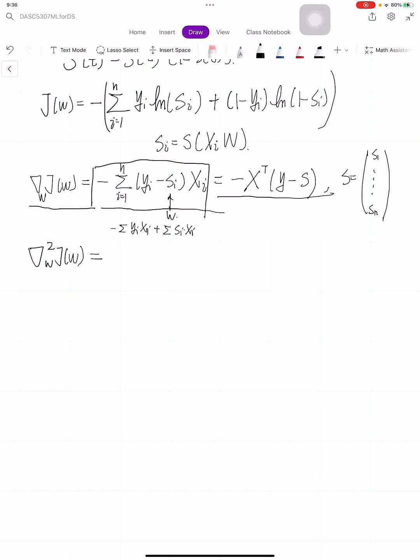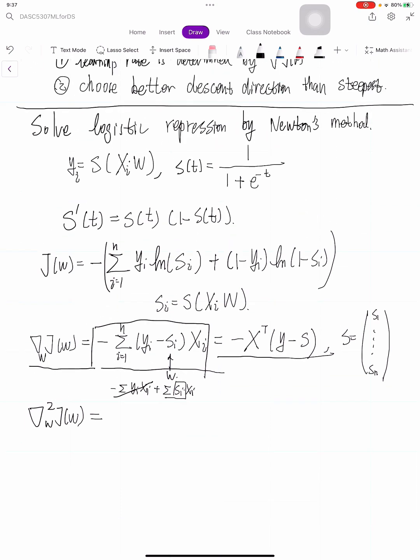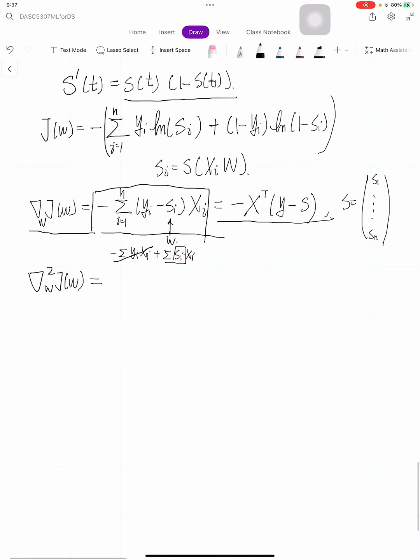So the derivative of the constant term disappears, and the only derivative inside is the derivative of s_i. Recall the formula for the derivative of s is s times 1 minus s, so this will be s_i (1 minus s_i). But since s_i also contains x_i, when you take the derivative you apply the chain rule, and the formula will have x_i transpose too.